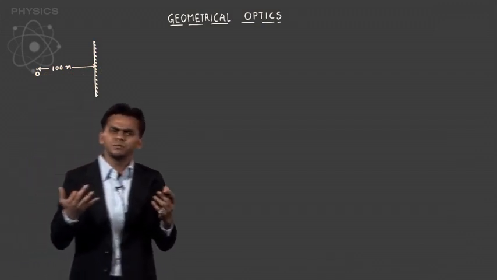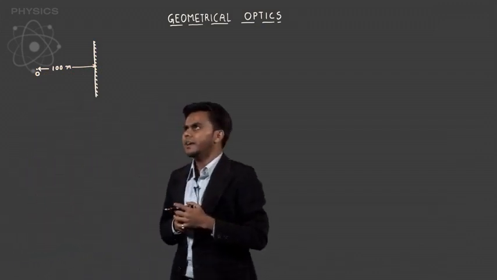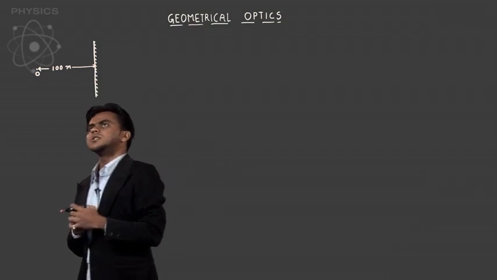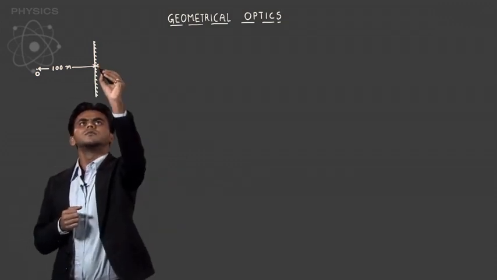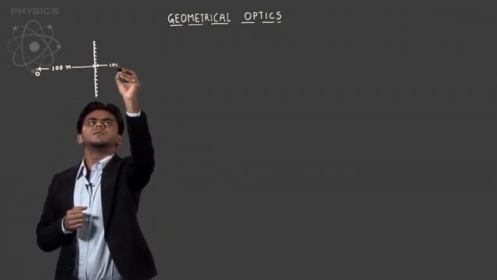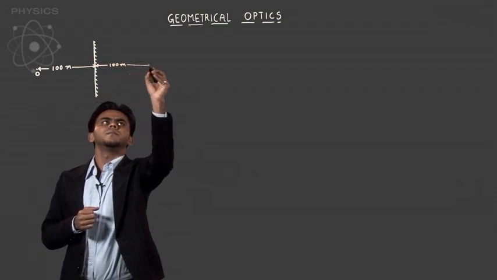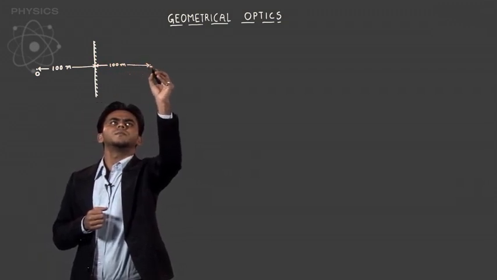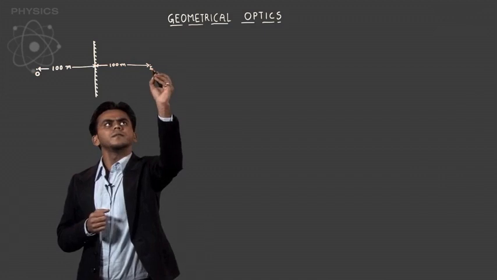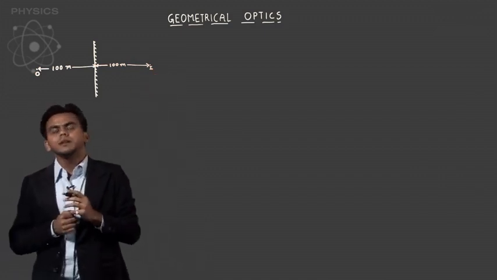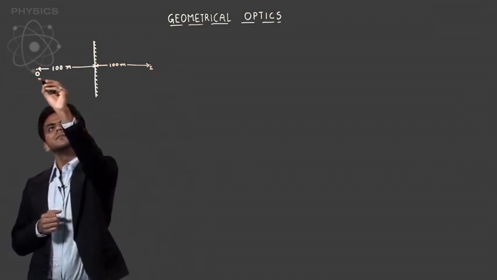Where would the image be formed? It makes no sense to say anything other than that it would be 100 meters behind. This is very easy. Now let's say I move this object by 4 meters.